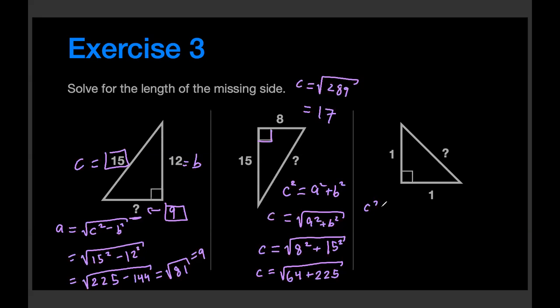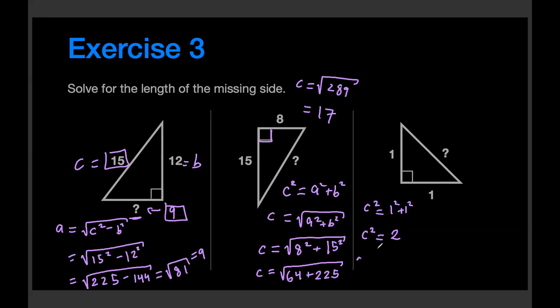So it's 1 squared plus 1 squared, which just equals 1 plus 1, so 2. We want to make sure we keep factoring in these squares and square roots, right? And so we have that C squared equals 2.